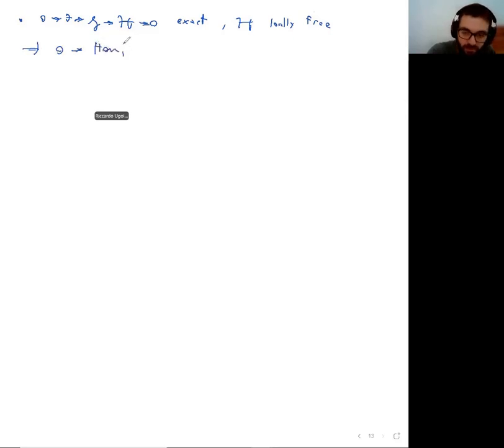And one more. If 0 to F to G to H to 0 is exact and H is locally free, then Hom is again an exact functor, but this time the contravariant one.